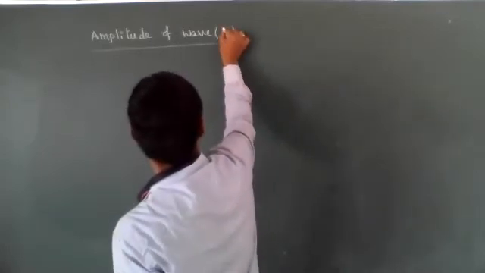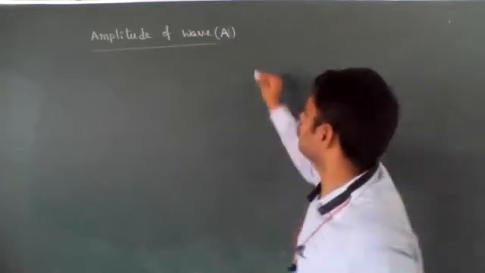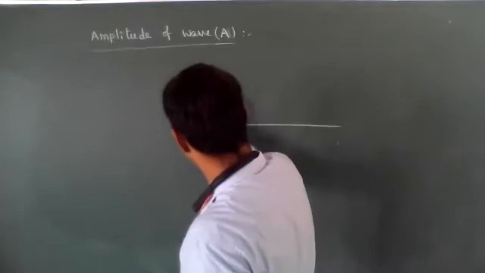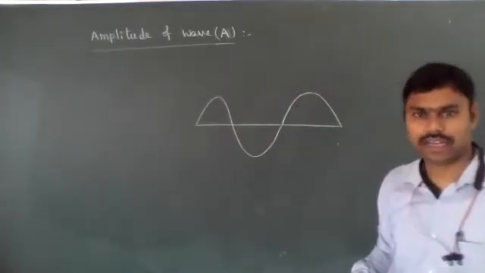The amplitude of a wave is represented by the symbol capital A. What does amplitude of a wave mean? You have to consider one wave.